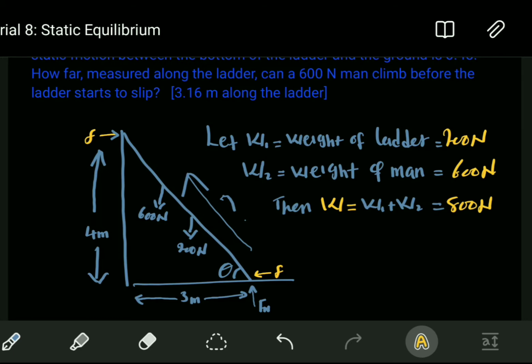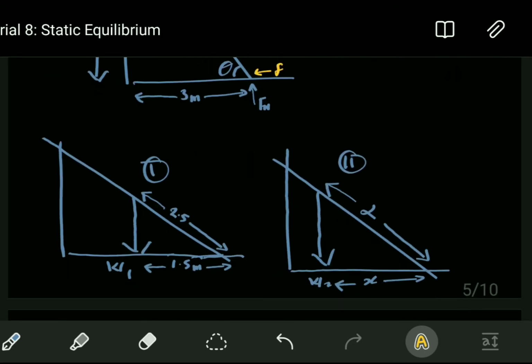Okay, so now we look at this. The weight of the ladder is acting downwards, of course, but the center of mass is at L/2, the midpoint of the length of this particular ladder.